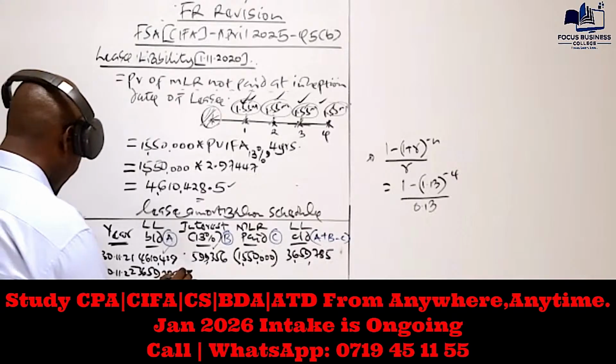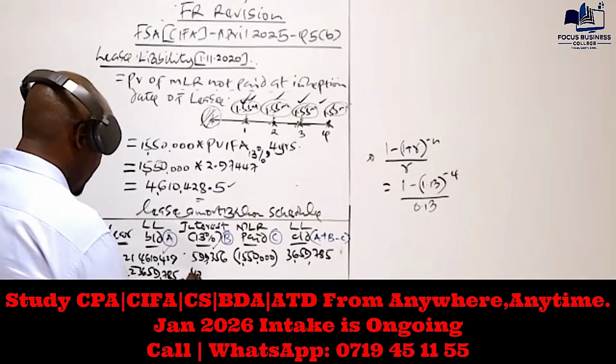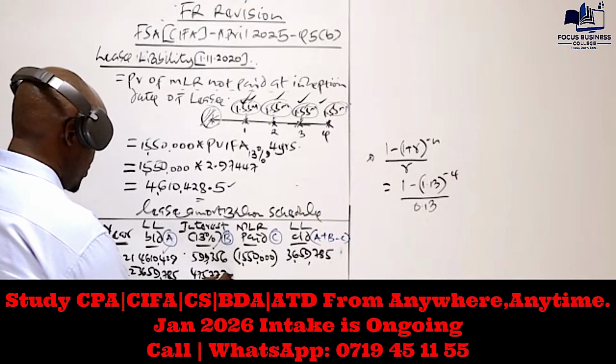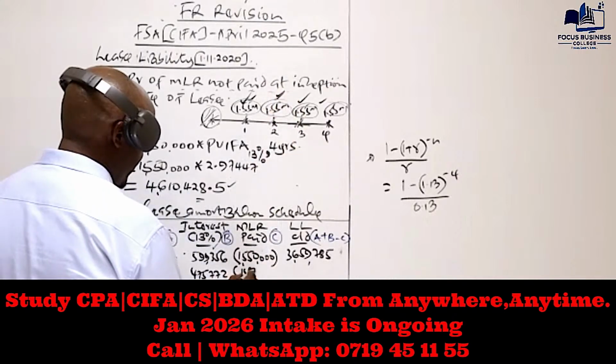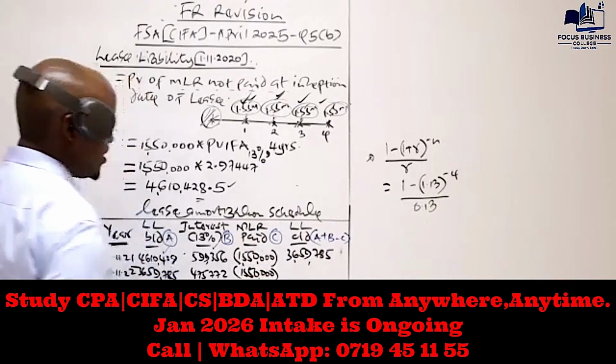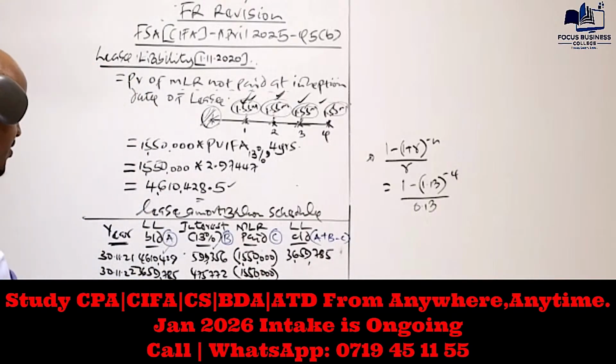Basically, I'm getting 475,772. The amount which was paid at the end of year two is 1,550,000. And then we compute the lease liability at the end of year two. So we have 3,659,785 plus the interest of 475,772 minus 1,550,000.